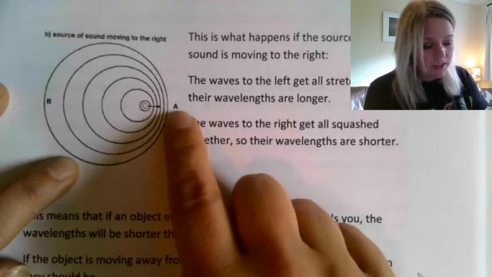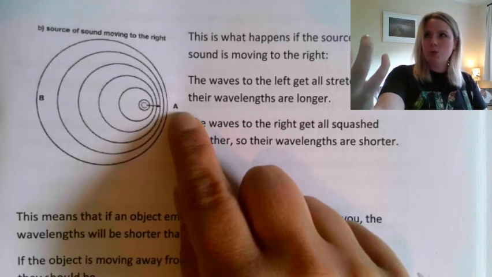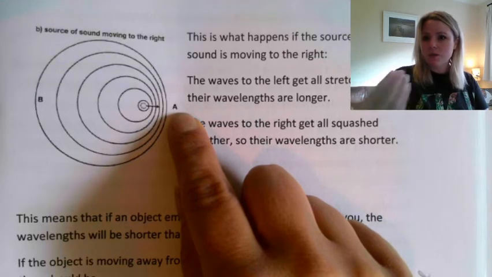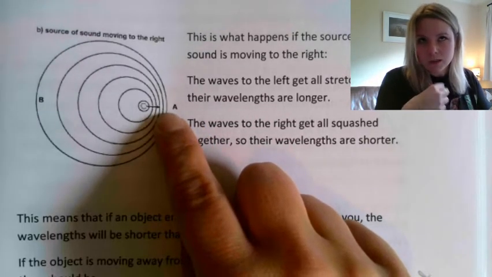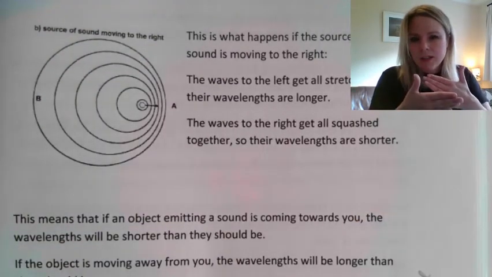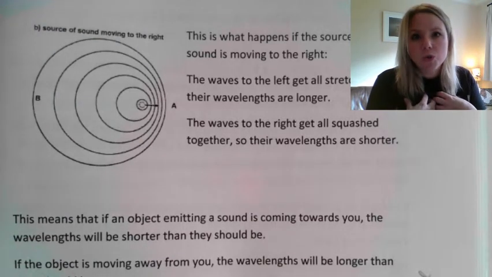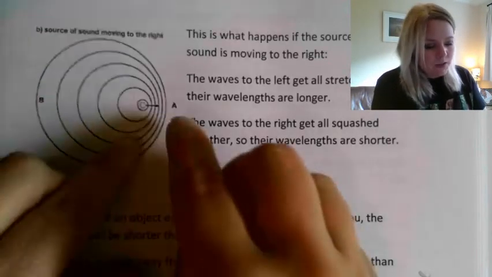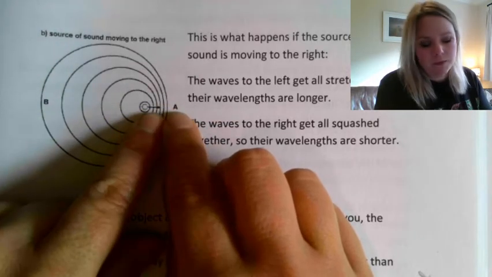Now if you're standing at point A and this source of sound is moving towards you, then do you see how, because it's moving and it's moved every time it emits a wave, all the wave fronts get bunched up and you end up receiving waves which are of a much shorter wavelength than were originally being emitted. So if that's a sound wave, that means you hear that as a higher pitch, right?